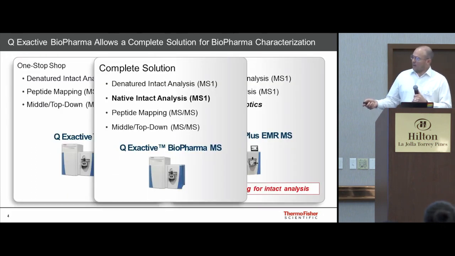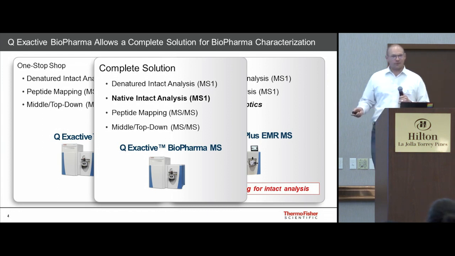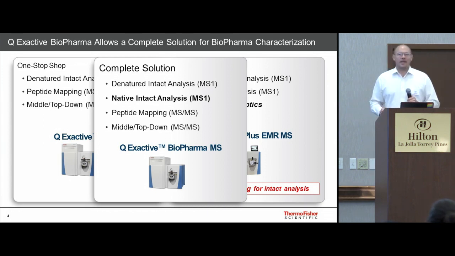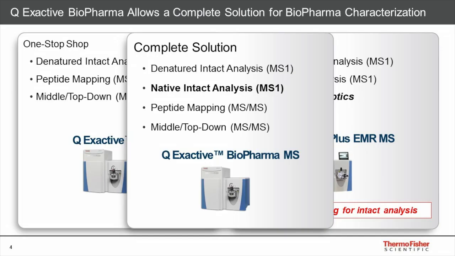The Q Exactive BioPharma, this wasn't our first attempt at getting a mass spectrometer that's perfect for characterization. What happened? Well, in 2011, we launched this Q Exactive mass spec, this platform that really, right off the shelf, is fantastic for peptide mapping. Thermo mass spectrometers have been really well known for being the leaders in proteomics, and that extends directly to peptide mapping.